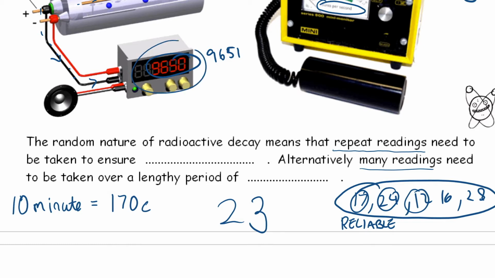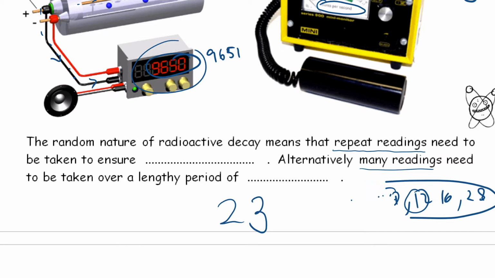And you just would divide that 170 by 10. 170 divided by 10 will give you 17. So there's two ways then, effectively, of taking more reliable readings. Repeat readings or over a longer period of time.